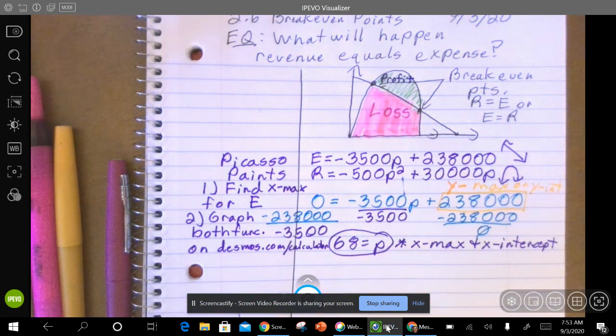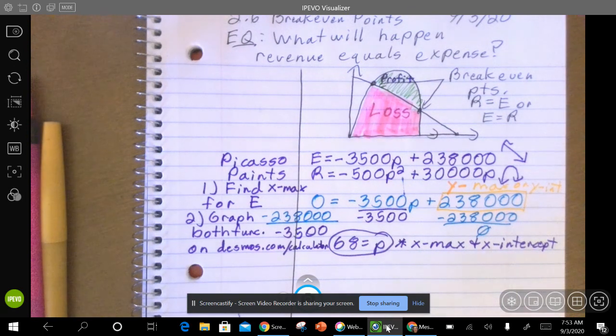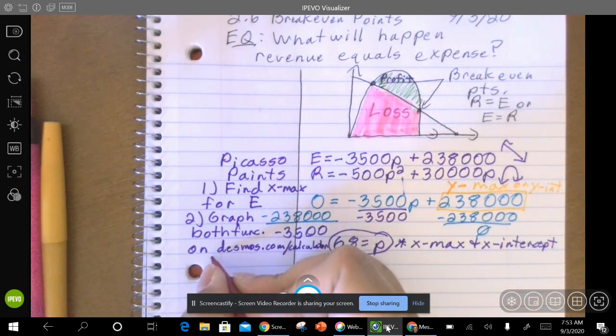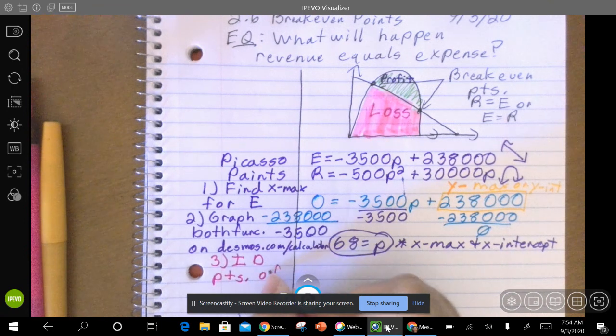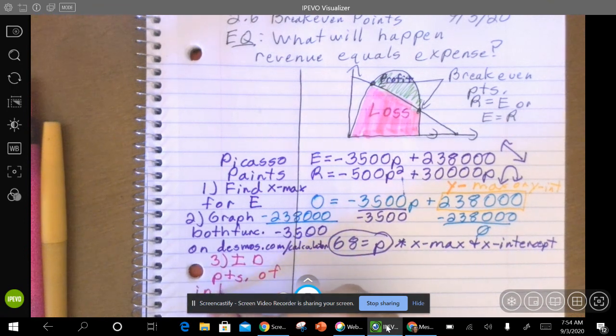And then we're going to identify the points of intersection, the points where the revenue and expense equations intersect, where the expense is equal to the revenue.